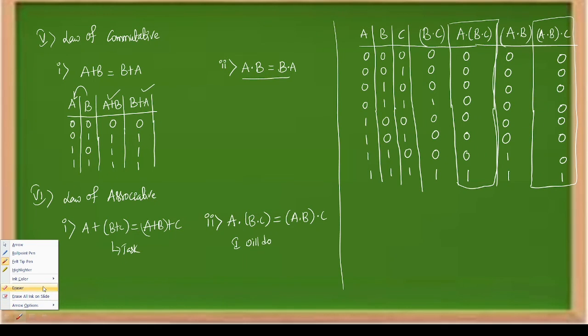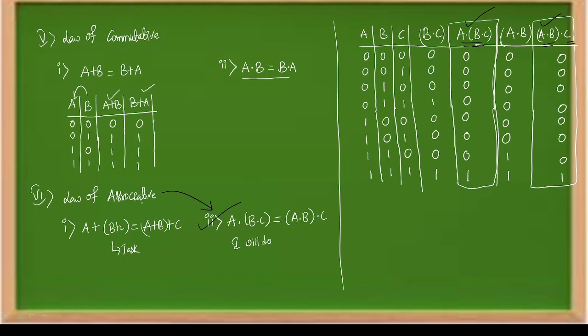The entries in the fifth column and the seventh column are the same. If you observe clearly, the entries in the fifth column and seventh column are the same. Hence, I can say that (A and B) and C is the same as A and (B and C). This is called the associative law with the AND operation.